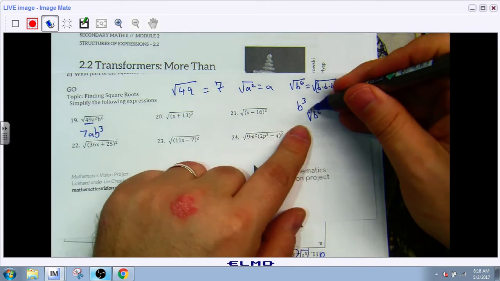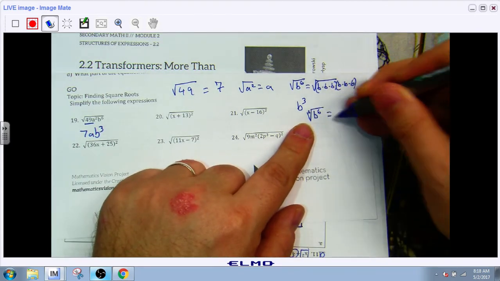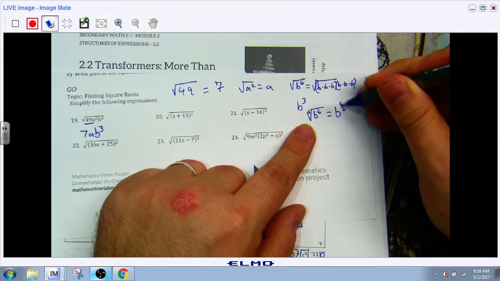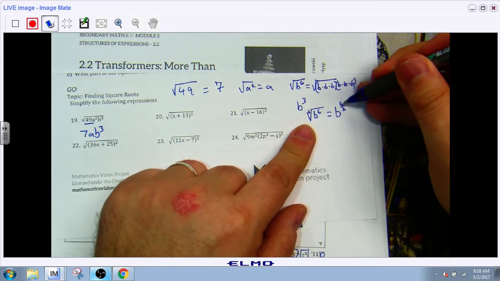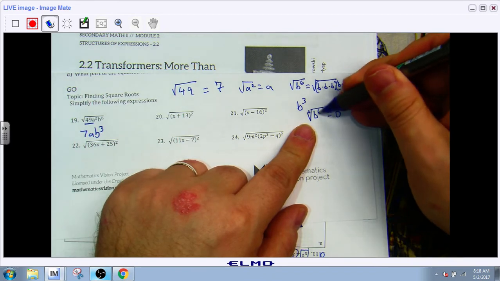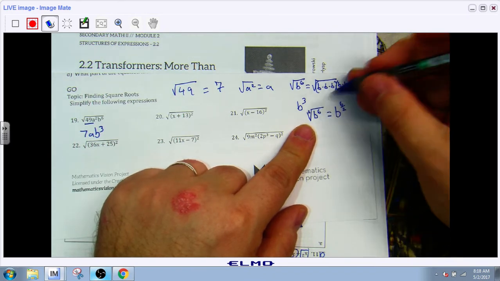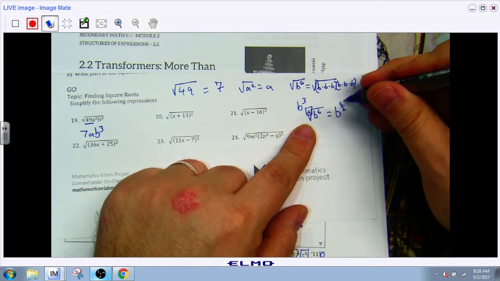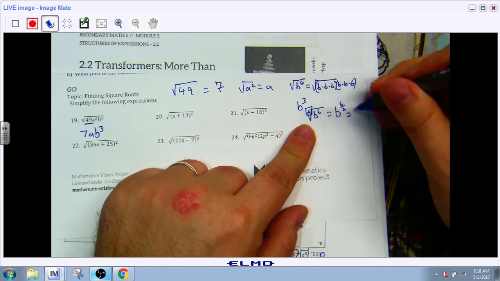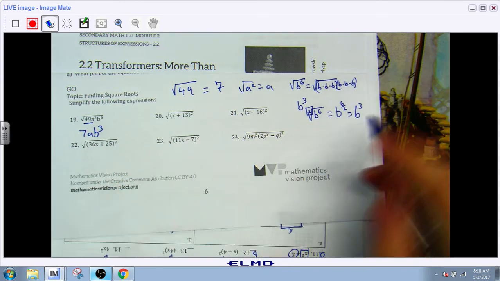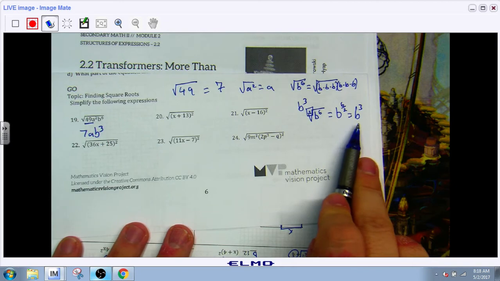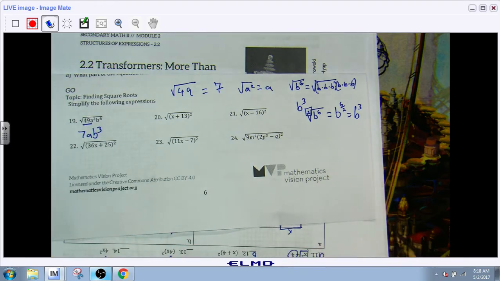So this is the same thing as taking b to the 6 halves power, okay? If you just take whatever this exponent is and divide it by 2, you will get that square root. So in this case, 6 divided by 2 is 3. So I know that the radical of b to the 6th is b cubed. Okay, this is just a nice little trick.